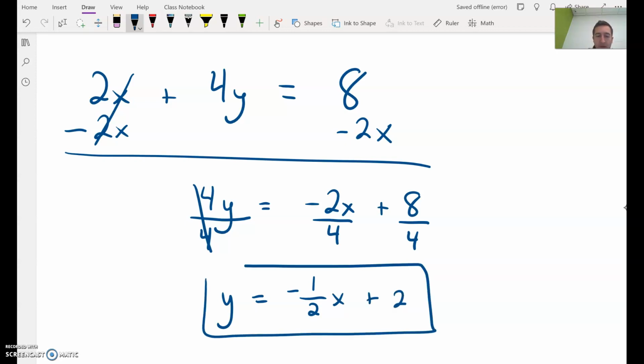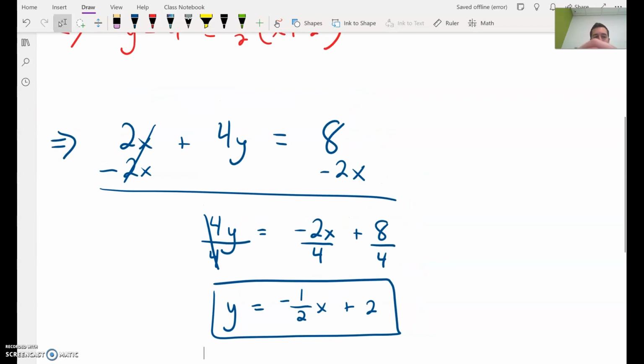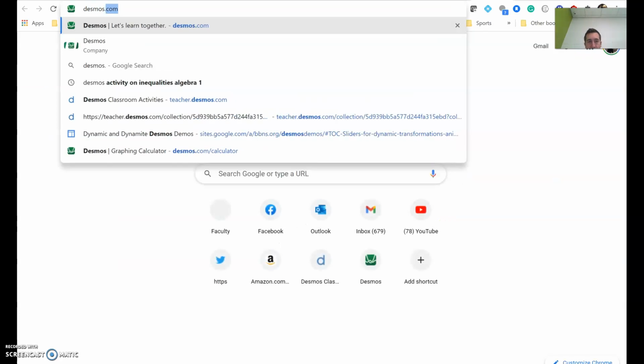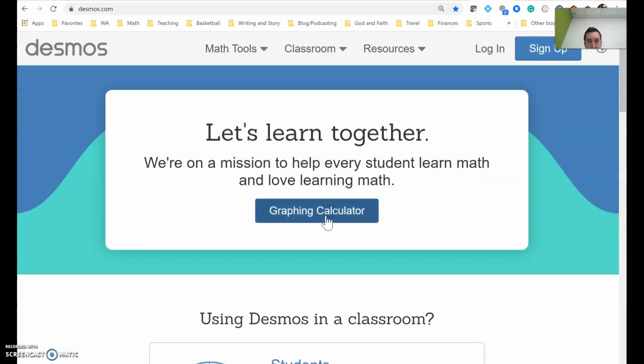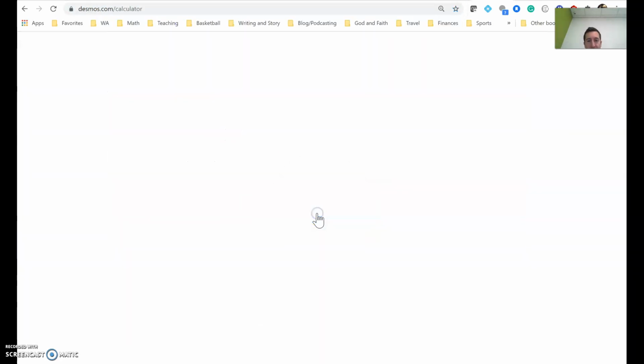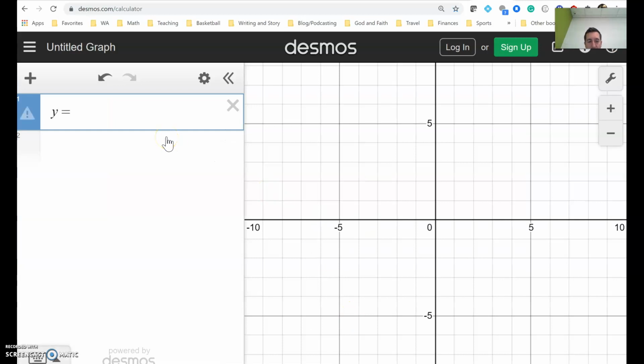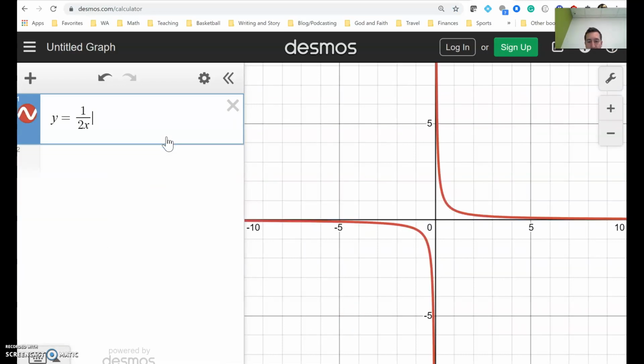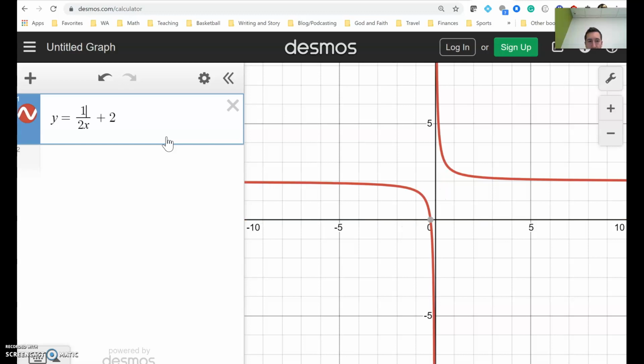So this right here, y equals negative 1/2 x plus 2, is the same line as our original line, 2x plus 4y equals 8. Those are the exact same lines. Don't believe me? Let's prove it. Desmos.com, graphing calculator, y equals negative 1/2 x plus 2.